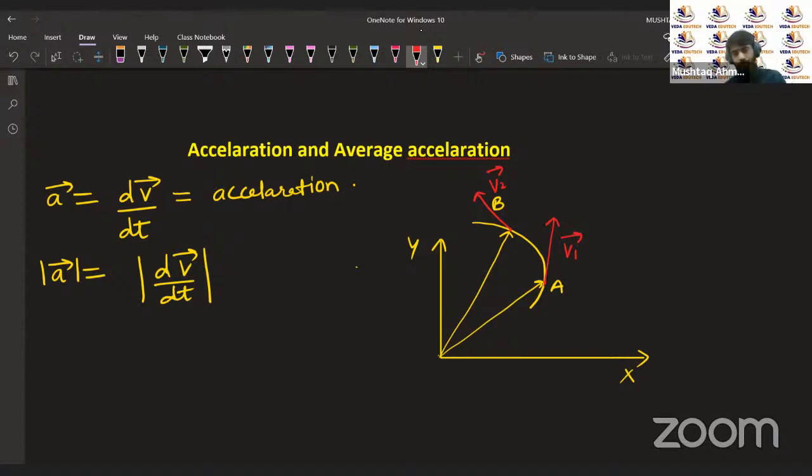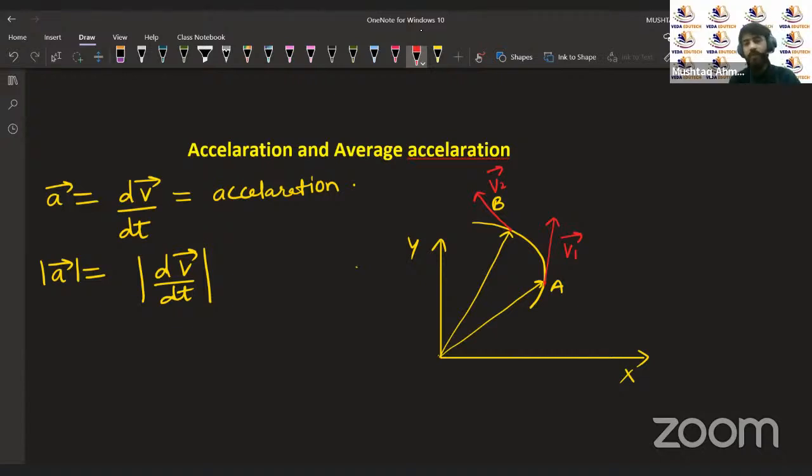So if direction is changing, then there will be some component of acceleration responsible for the change in direction of this particle along this curvilinear path, right? If the magnitude of the velocity is changing, or the speed of this particle is changing, then there will be a component of acceleration which will be changing the speed of this particle, right?